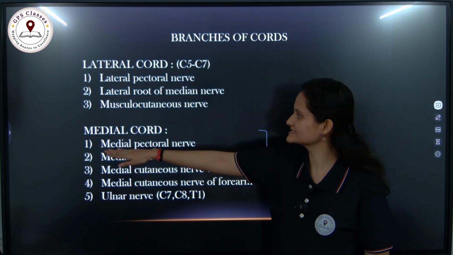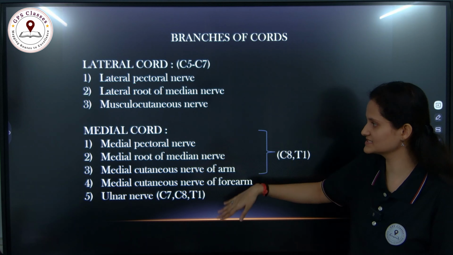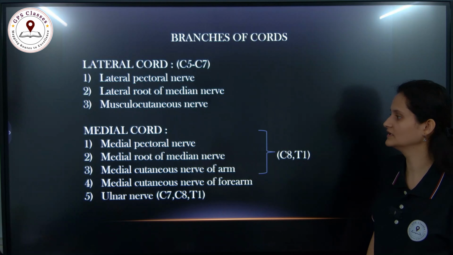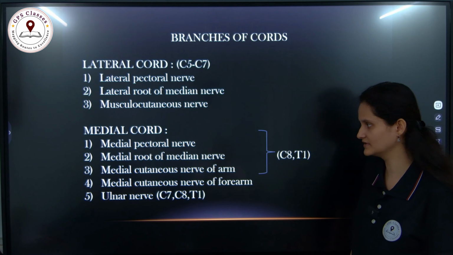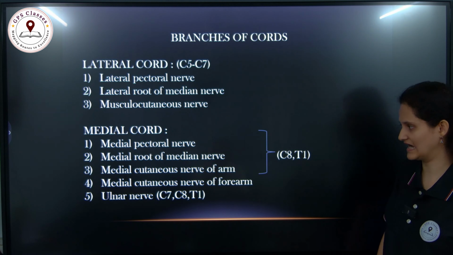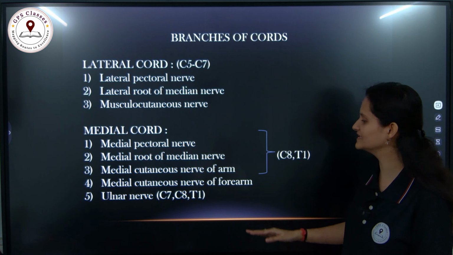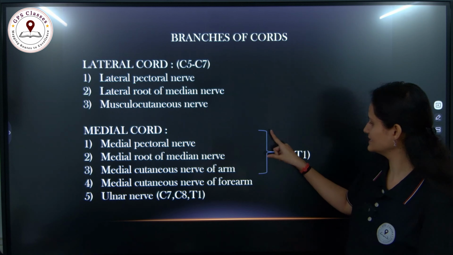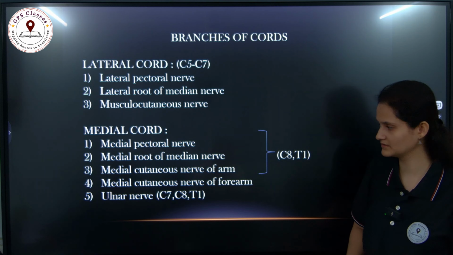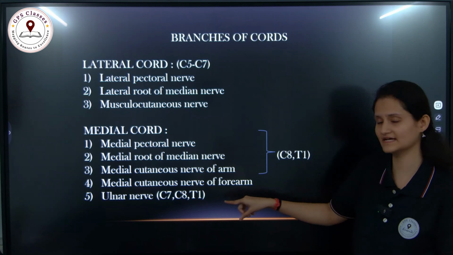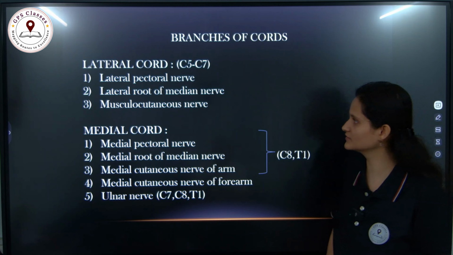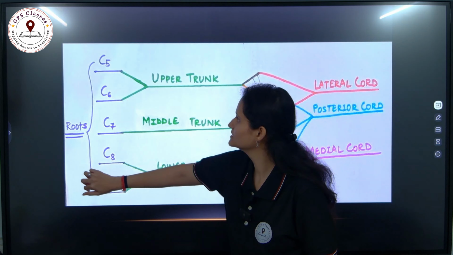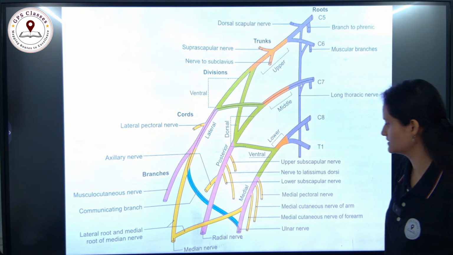Next is the medial cord, which gives the medial pectoral nerve, medial root of the median nerve, medial cutaneous nerve of arm, medial cutaneous nerve of forearm, and the ulnar nerve. All these have C8 and T1, but the ulnar nerve has C7, C8 and T1 as its root value. Why?